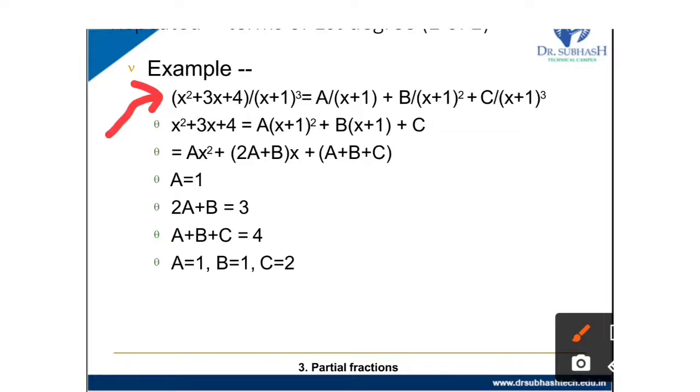If we put x plus 1 equal to 0, then x equal to minus 1, it will only give one answer. But here the factor is raised to 3 times, so we have to change things a little bit. What do we have to do? We write a divided by x plus 1, b divided by x plus 1 square, and c divided by x plus 1 cube.